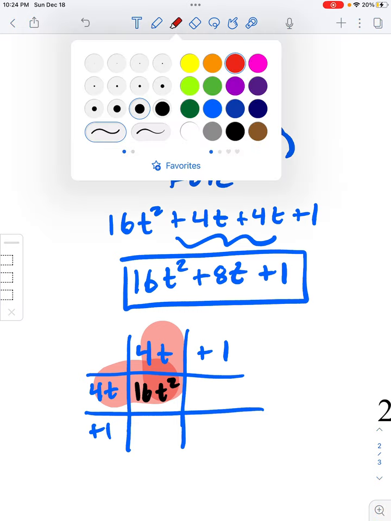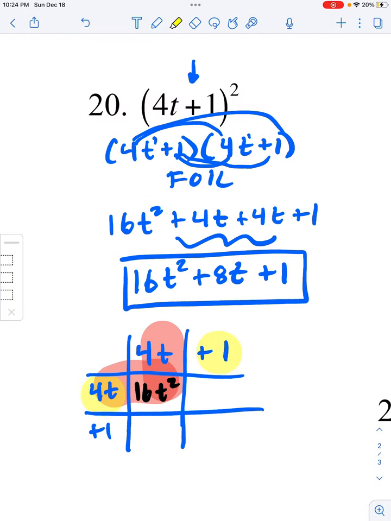Then I just keep working my way across. I'd be taking 4t times 1 and get 4t. Bottom row, I'll be taking this top 4t times that bottom 1, getting myself a 4t. And in the last corner, I'm always going to get a number. So 1 times 1, and that's going to give me 1.